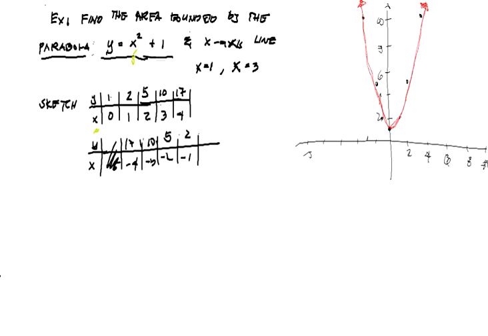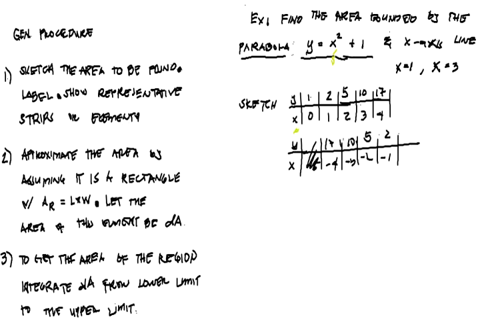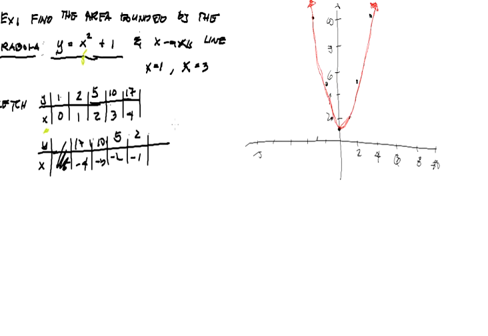So we've already sketched our parabola, but we need to sketch the area to be found and then some labels. So we have this area bounded by curves, the area bounded by the parabola and the x-axis line. This is the x-axis line 1, 2, 3.